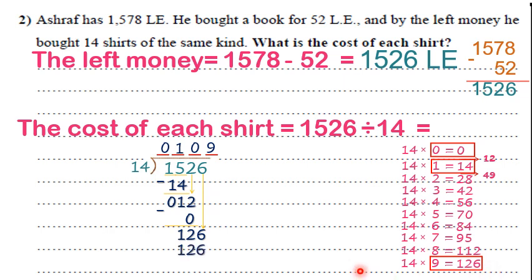I will select it and write 9 up. Then 9 multiplied by 14 equals 126. After that, let's subtract: 126 minus 126 equals 0. So the answer is 109 LE. This is the cost of each shirt.